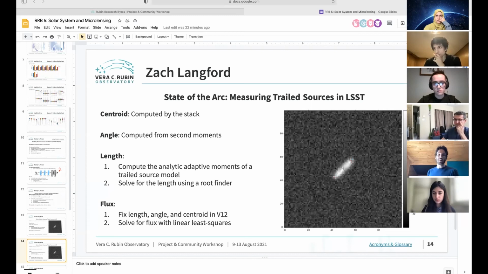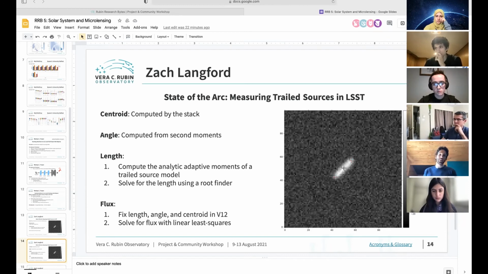So it turns out you can solve analytically what the adaptive moments of a trailed source are using the Gaussian PSF convolution model. And then you can compare that with the numerically computed adaptive moments and use a root finder to solve for the length of the trail.